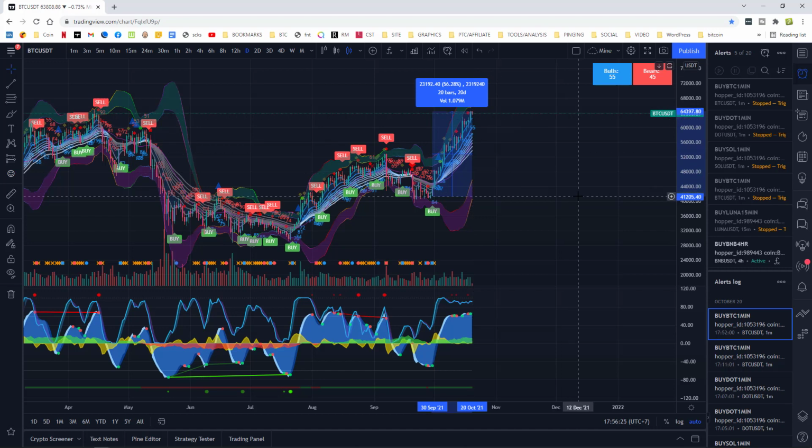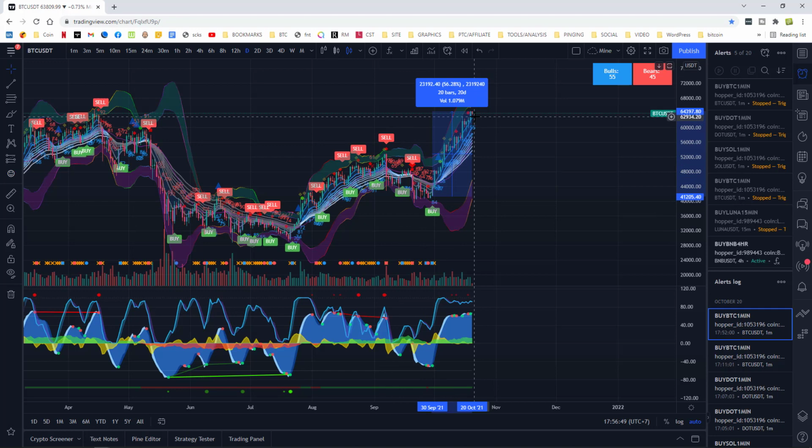56%. That's $562 on a $1,000 trade if you just let Cryptohopper do it with the buy here. See what I mean about the longer time frames? You get better results, but you do have to wait longer for each buy signal to come.